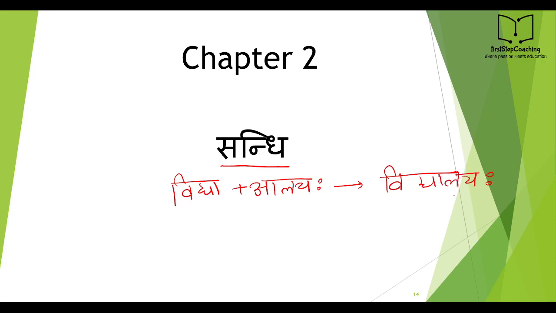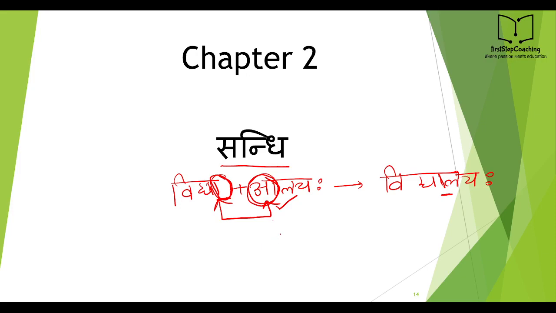Vidyalaya, right? So let's see where the change has occurred. So here the first word is Vidya. In this, the last letter is A, and here the first letter is A. So what happened when these two letters A and A combined? They became only A ki matra. This A and this A has become one A ki matra. Understood? So the change has happened in the second word.